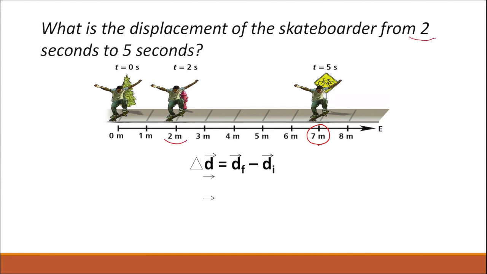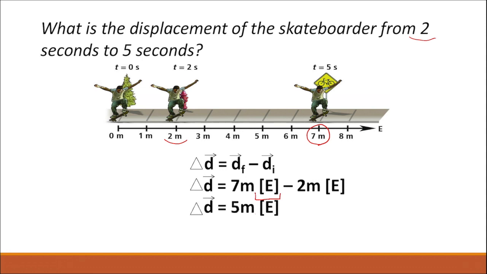So we know di is 2. Plugging these numbers into the equation, we find our distance is 7 meters east. Remember, position is a vector. Minus 2 meters east. This results in 5 meters east. So the displacement is 5 meters east. The skateboarder has moved 5 meters to the east.